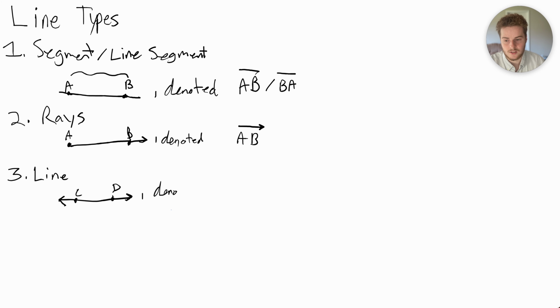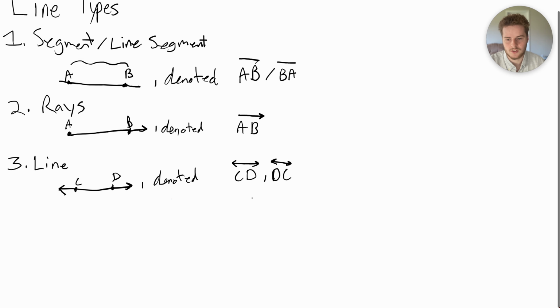So for this, it means that the line continues in both directions. So we can write our endpoints. We have C and D in this case. We make sure the arrow goes in both directions, signifying that either way, it's going to continue moving in that direction. So you can write this backwards. You can write it as DC. Again, you might be able to write this backwards for the ray, but you probably won't see that as often. Just refer to what your teacher wants you to do in that situation.